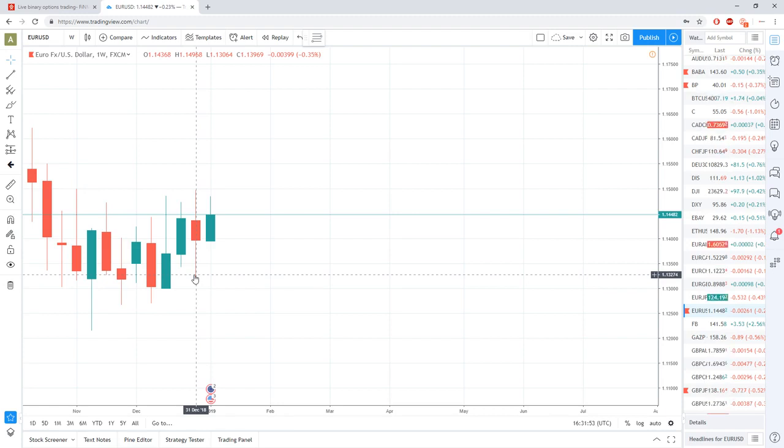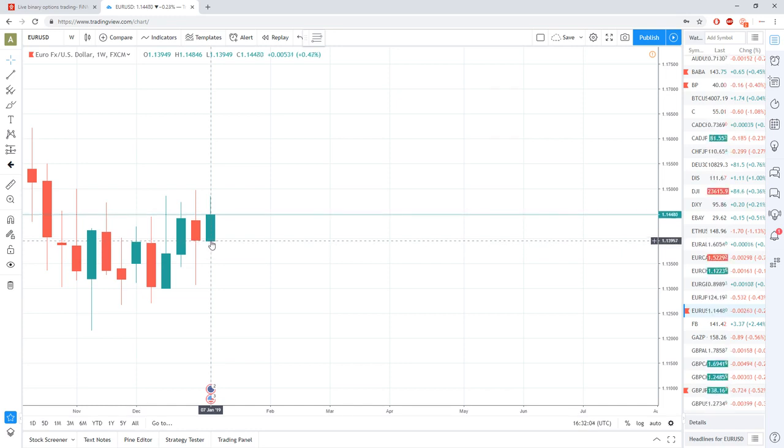So in case the candle is a green one, or blue on some charts, you know that the opening price was over here on the bottom of the body of this candle, and the close price was here on the top of the body of this candle.